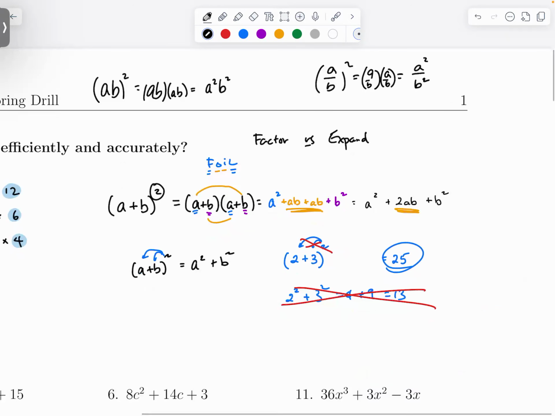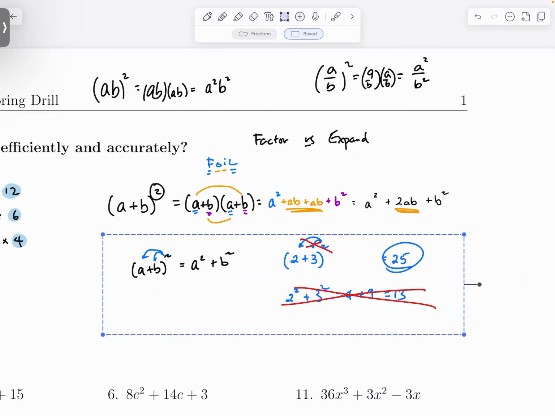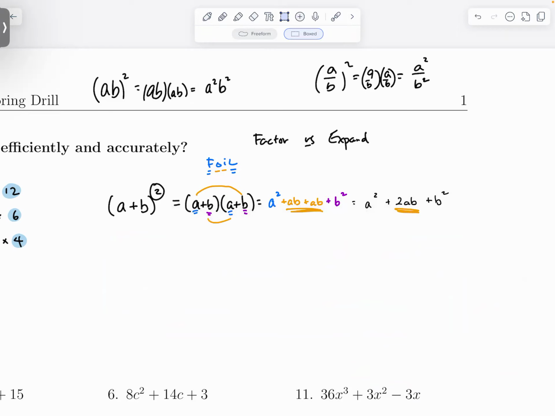So my purpose with these videos is to make sure that you know what is the right thing to do and how you could also know it's not correct. So one more time, if you have A plus B parentheses squared, you are always going to get 3 total terms. If you don't, you know you're way off.